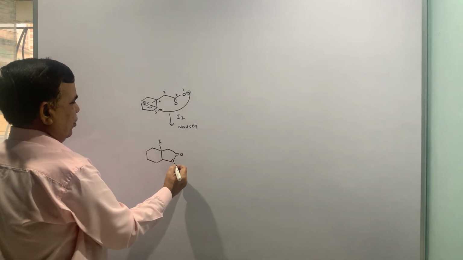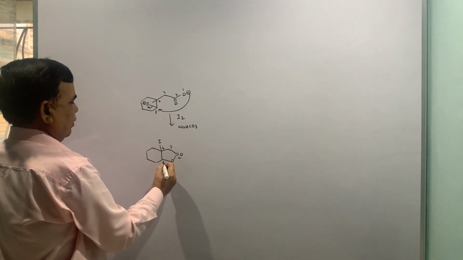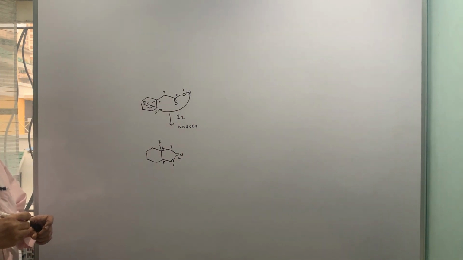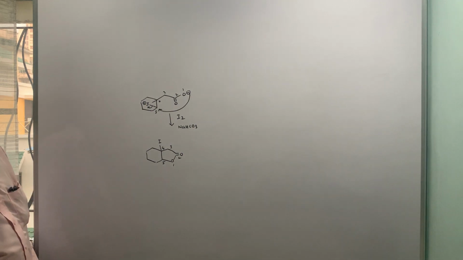I will just put the numbers 1, 2, 3, 4 and 5. That is how the 6,5 fused bicyclic lactone is formed. Iodolactone, to be precise, is formed in this reaction.